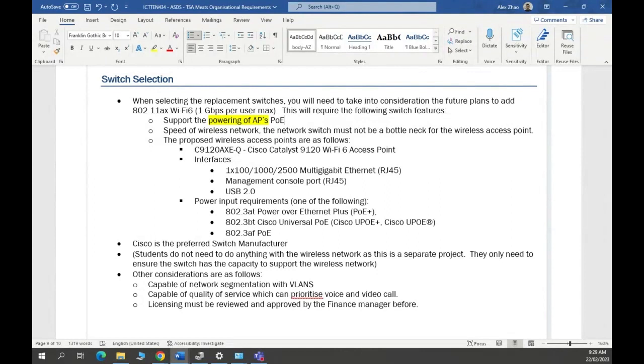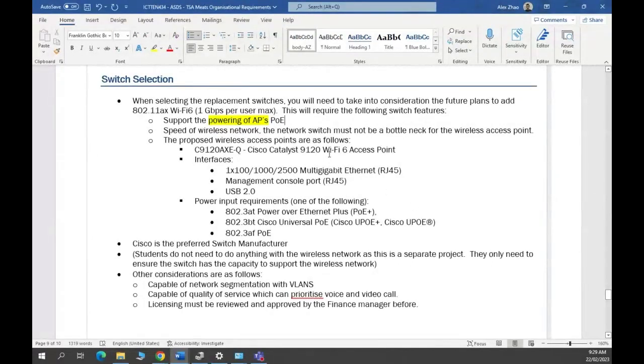It's running through a roof, back down, something like this, and plugged into a switch. But how does it get its power? The switch, the port that it's plugged into, is also capable of powering that device. And that's what's called power over Ethernet. And that's what I'm trying to tell you here.